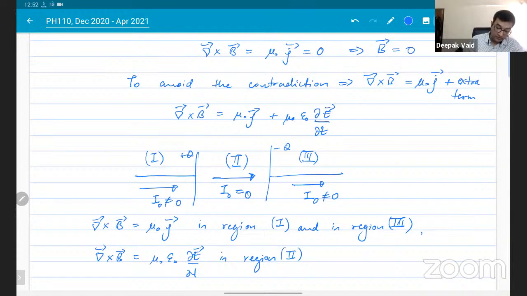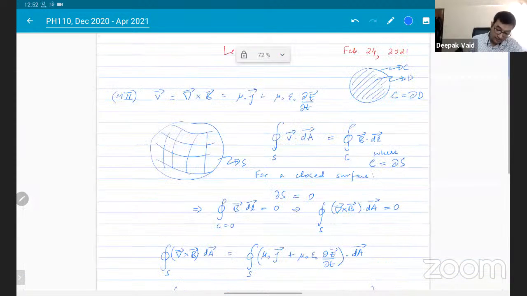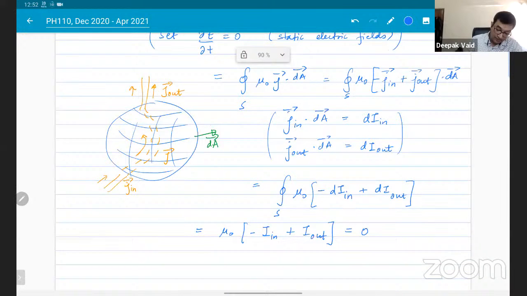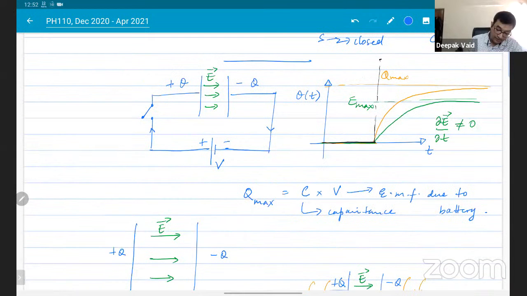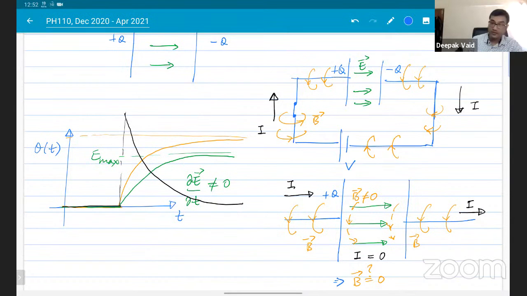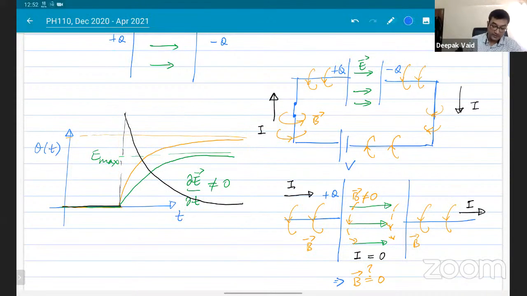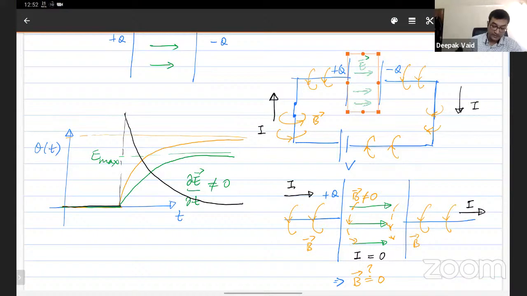Now, let us go back to this charging procedure. What happens once the plates become completely charged? What happens to the current in the circuit? Current becomes 0. Once current becomes 0, what happens to the electric field?